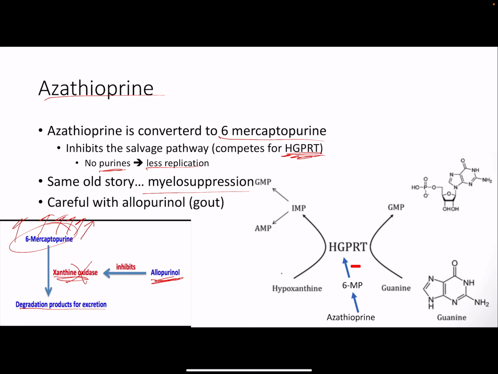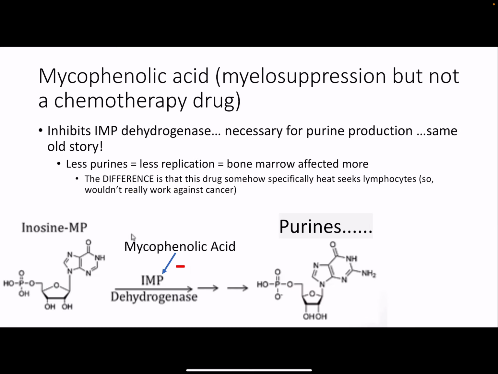Depends how much I want to kill the cancer in my body, or I have an immune thing, or it's just something you want to be aware of. It's not necessarily bad, but it's going to be a trade-off. It could be good, it could be bad. So again, azathioprine can turn into 6-MP, which is negative feedback because it competes for this. And now I cannot recycle this. I have less purines.